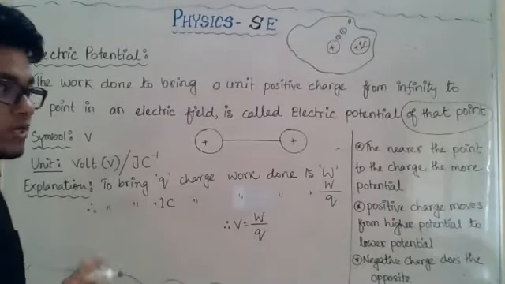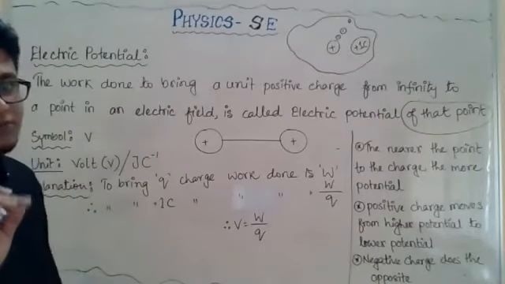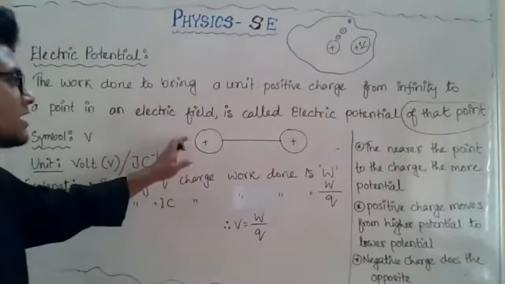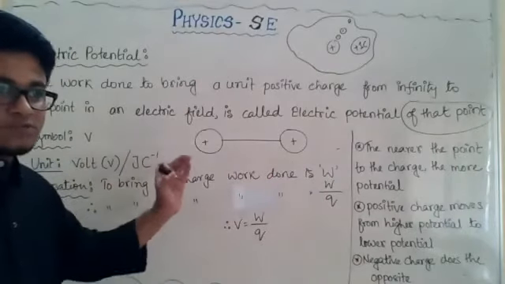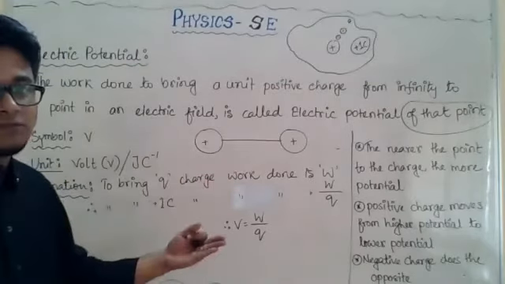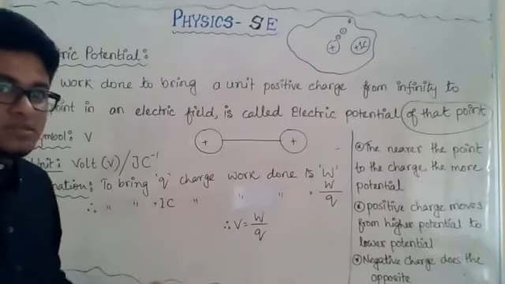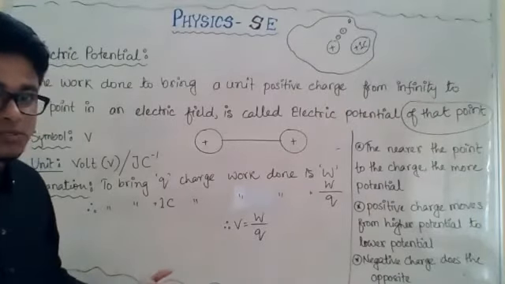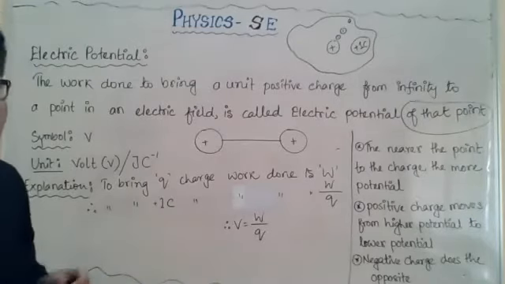You have to know which one has higher potential and which one has lower potential. If you can know this, you can say which direction the positive charge will flow, from where to where, and where the negative will flow. Being able to tell this is something fascinating to me. It might not seem fascinating to you, but it is to me.